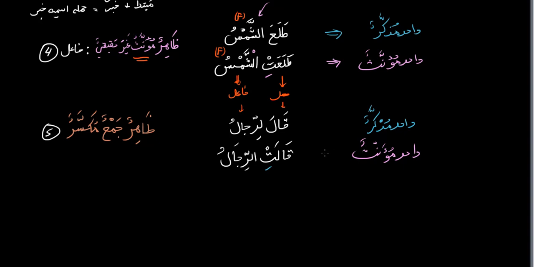Okay, wahid mudhakkar and wahid mu'annasun, like this. Okay, so that's pretty cool. Alright, so we got this. Okay, so zahir jam'u mukassar. A lot of these you can kind of fudge. Okay, now number 6 category. Let's see what we got next.